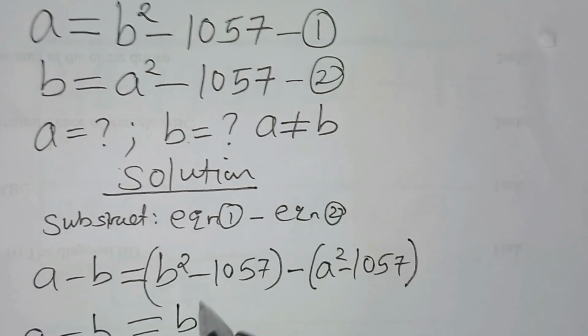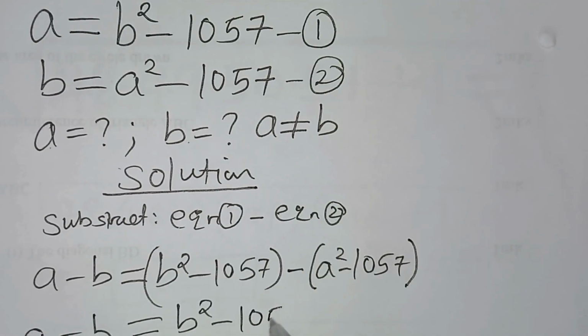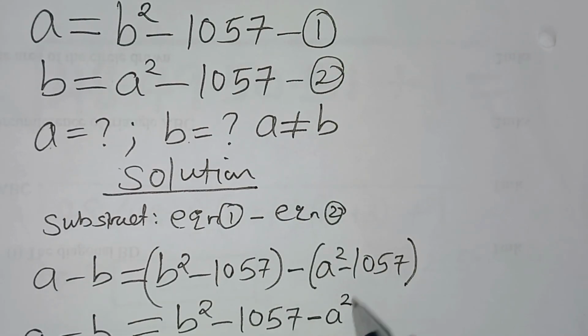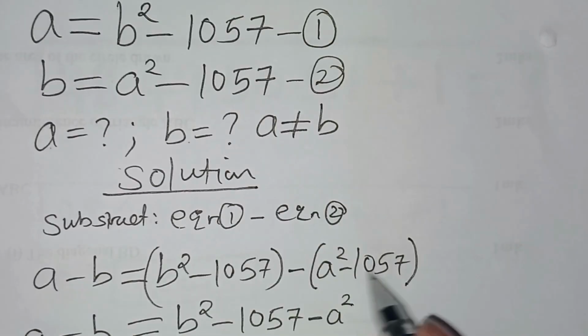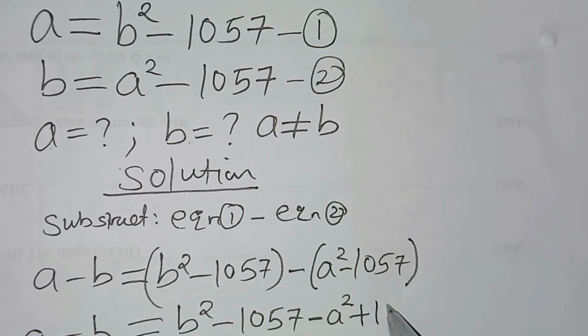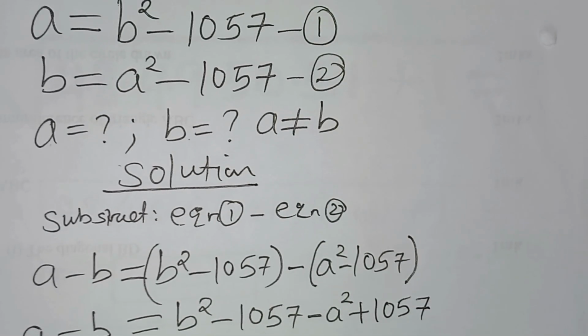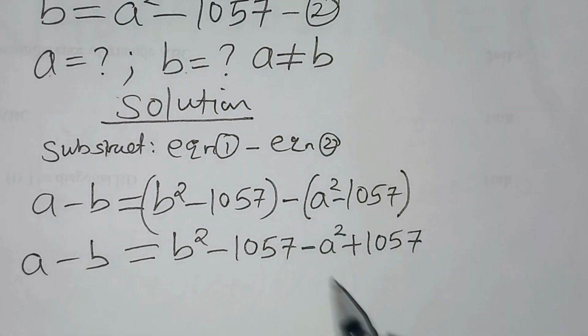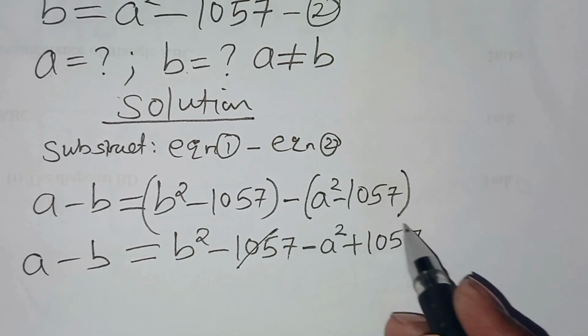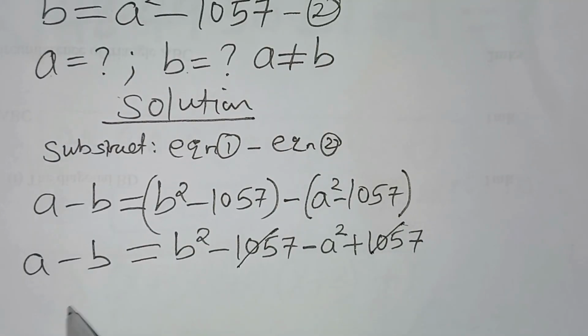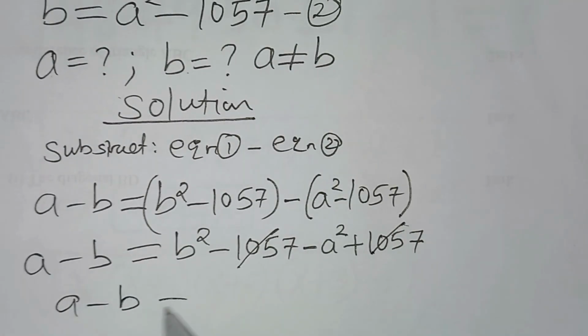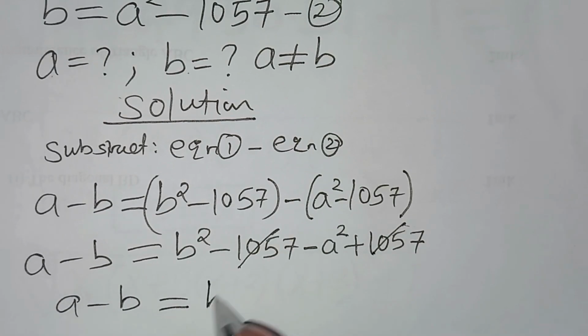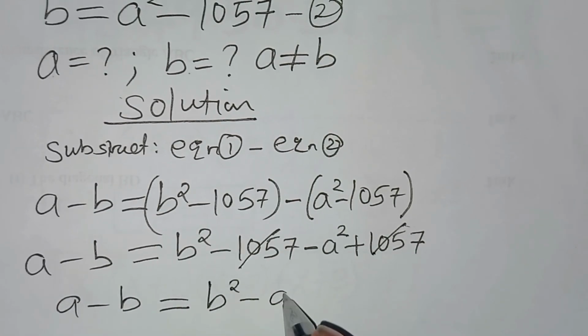The next step here, we'll have a minus b. This is equal to b squared minus 1057. Subtract a squared, then minus times minus 1057. This is plus 1057. The next step here, you find that negative 1057 simplifies here, so that a minus b is equal to b squared minus a squared.